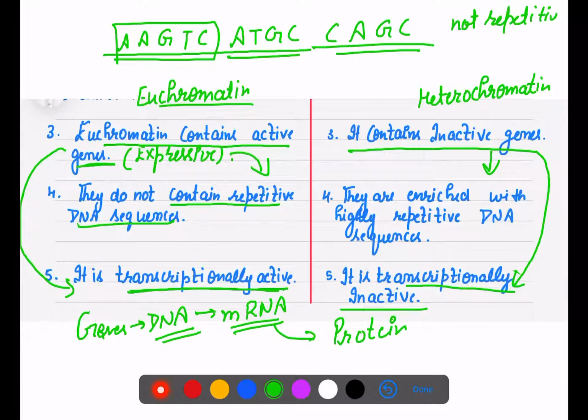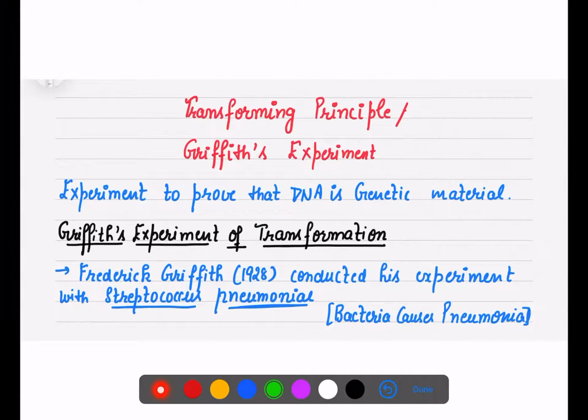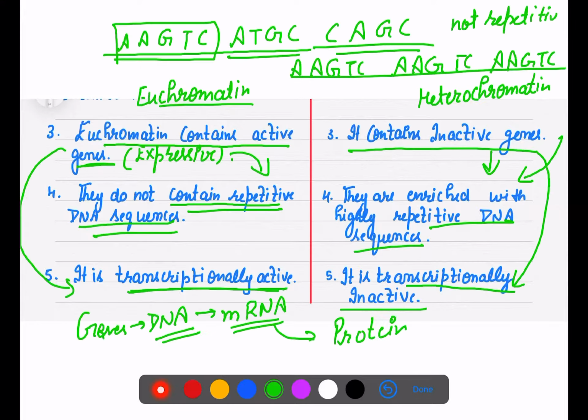But heterochromatin contains sequences like AAGTC, AAGTC, AAGT. These are highly repetitive DNA sequences. So heterochromatin is present with repetitive DNA sequences, but repetitive sequences are not present in euchromatin. This was all about our chromatin.